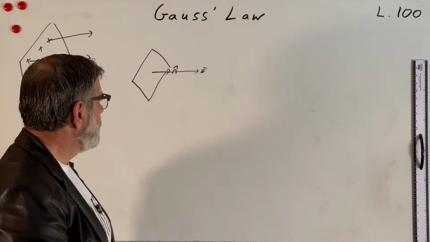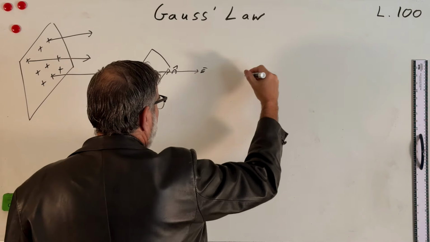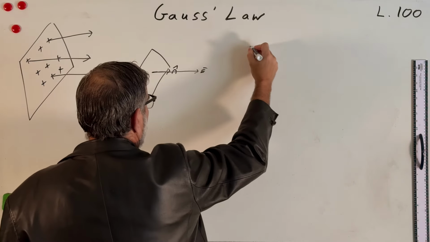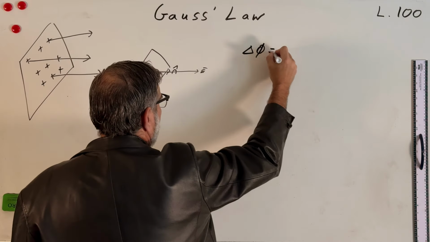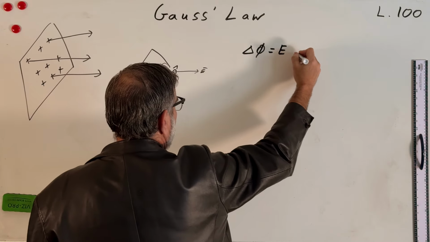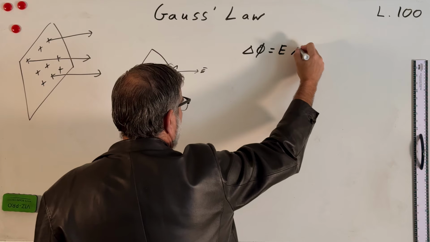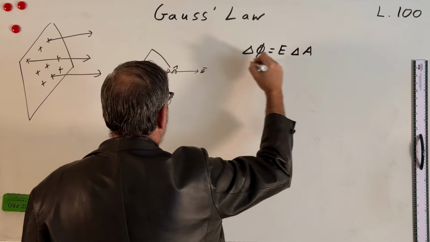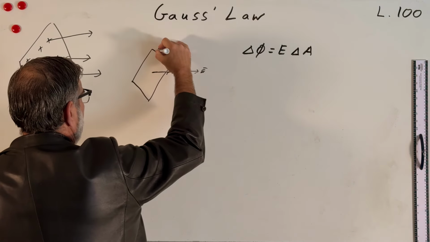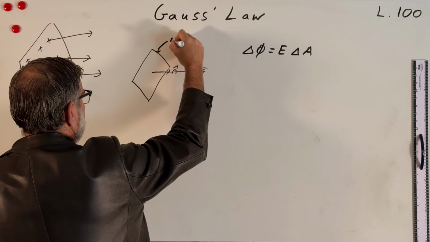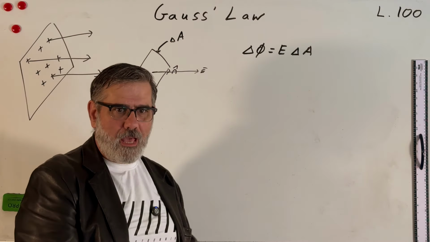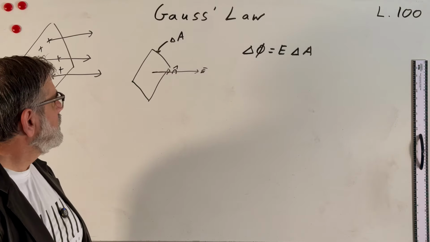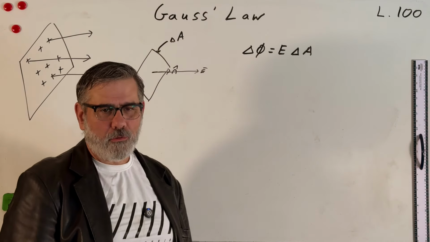We're going to define it as a little delta phi, which in this case would be equal to E times delta A, where the area of this is delta A. Obviously, I want to shrink that down, which is why I'm calling it delta A, a little piece of area.